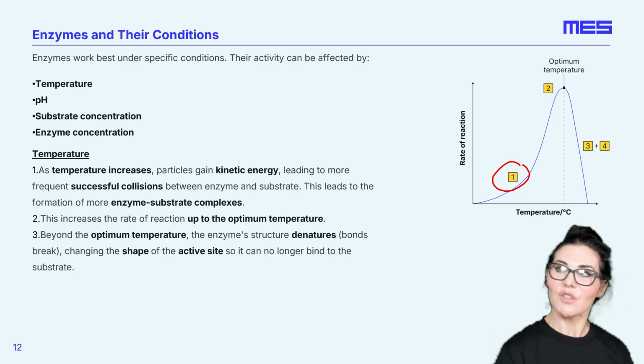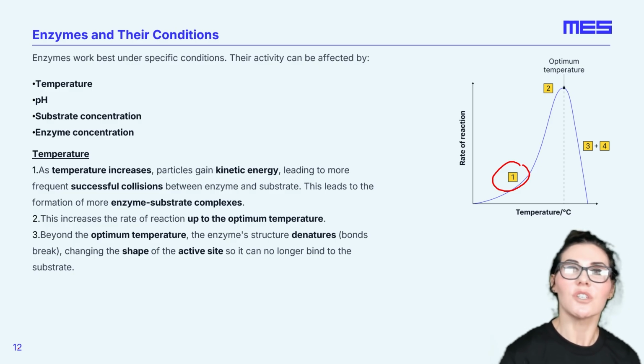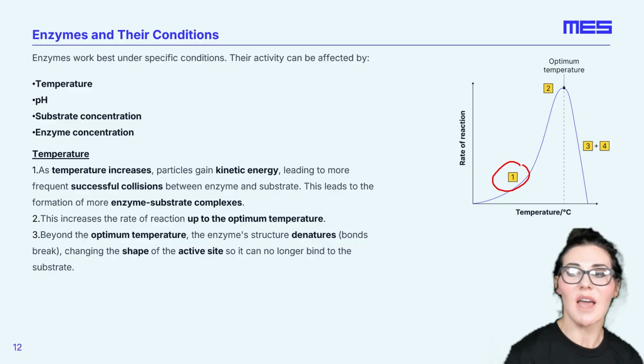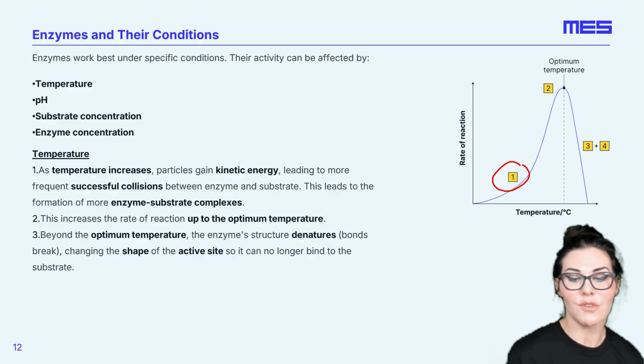Once the temperature gets too hot and goes beyond the optimum, that can alter the shape of the enzyme because it causes the enzyme's bonds to break in its protein structure. As the bonds break, the enzyme's shape changes, which changes its active site, and you can no longer get the substrate binding to it because the complementary shape of the substrate is no longer a match.